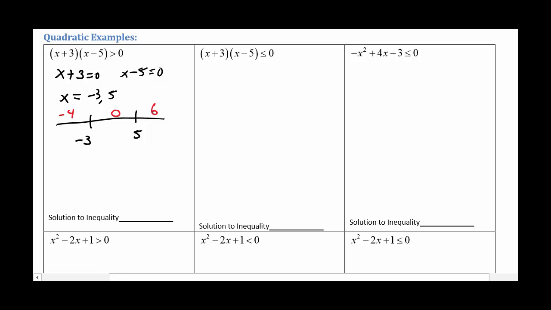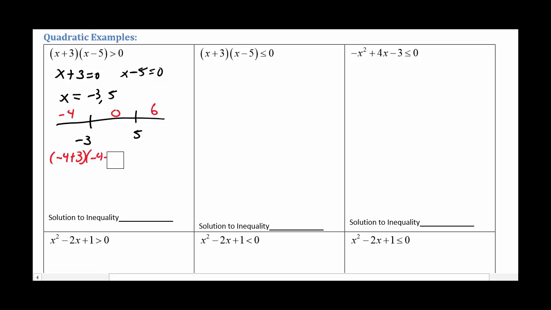Now again, I just made up a number within each interval, and that test number is going to let me see whether I get a positive y value or a negative y value. And so I'm just going to evaluate the factored form. That's one of the nice things about factored form: it's real quick to see positives and negatives.